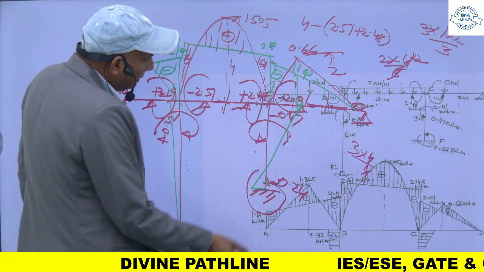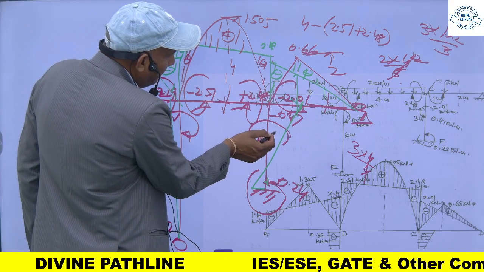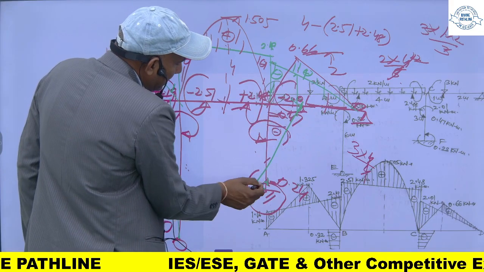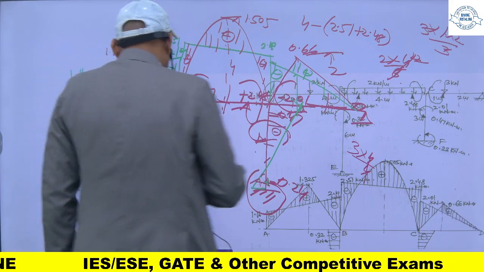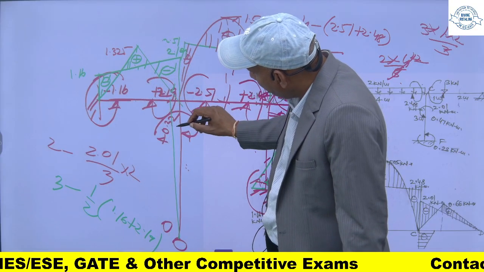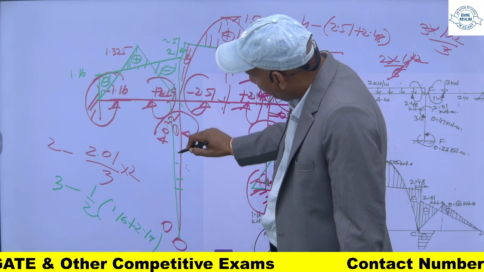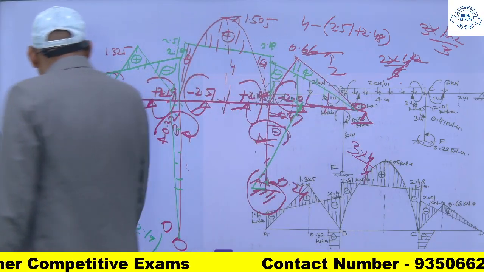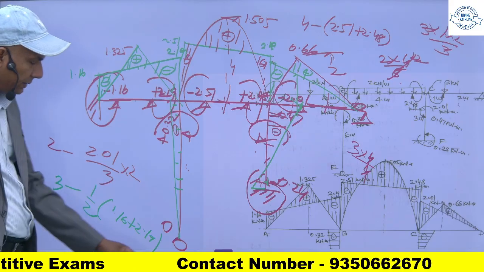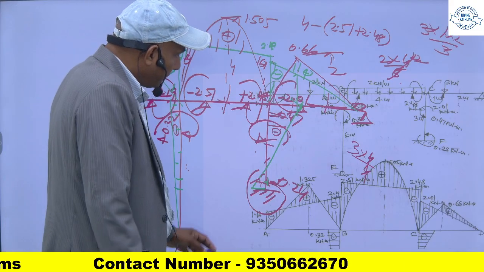So this way you can find this one, and this will be 0.66, and this will be hogging, this is sagging. If you see from this point, again by sitting here, this will be hogging. So this is where you get the bending moment diagram.